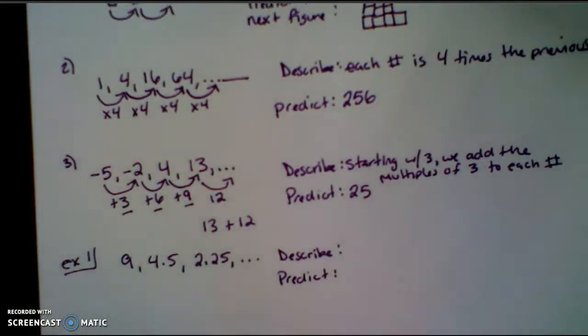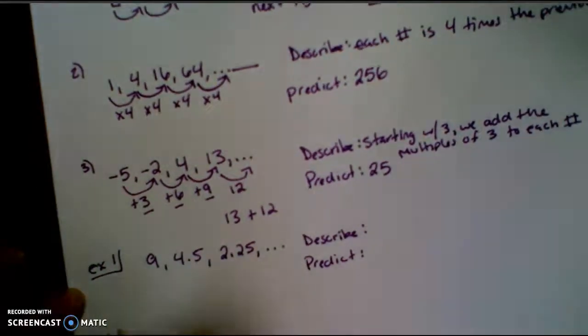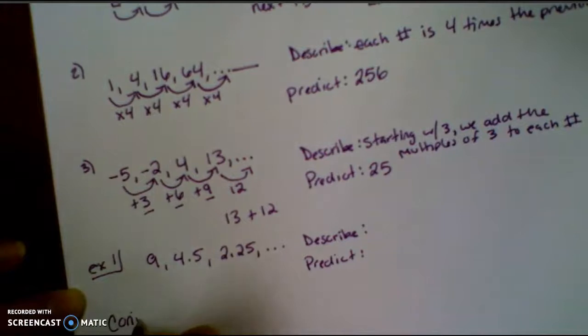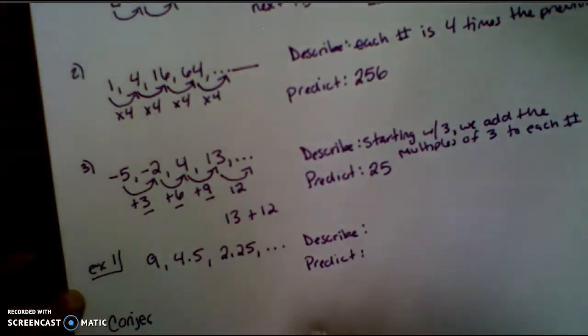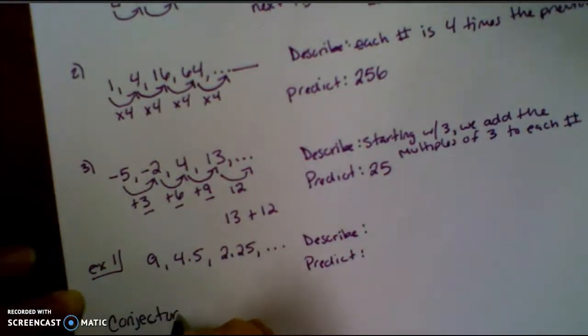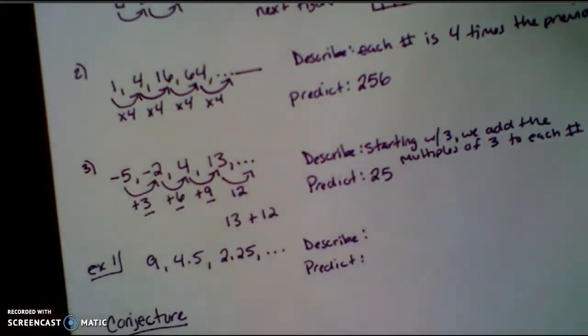All right, now we're going to move on. There's a couple more terms that you need to be familiar with to start out geometry, and the next one is a conjecture. So what is a conjecture? Now that we can use our pattern skills, we're going to look at a conjecture.